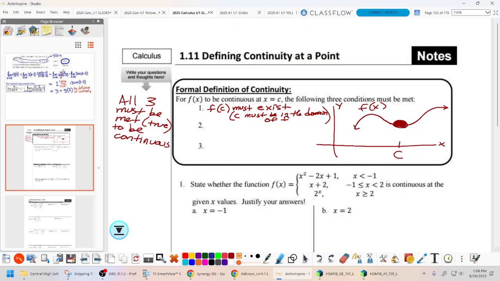Okay, number 2. The limit, let's just write that instead of all the words. So the limit as x approaches c must exist. Hopefully that kicks out the two-sided jumps, right, when we have different one-sided limits.